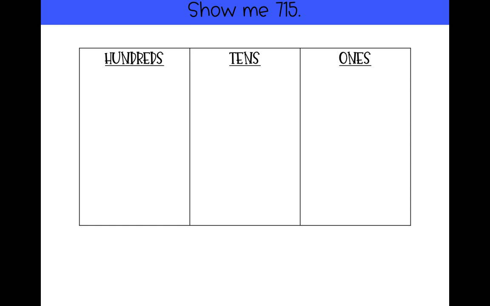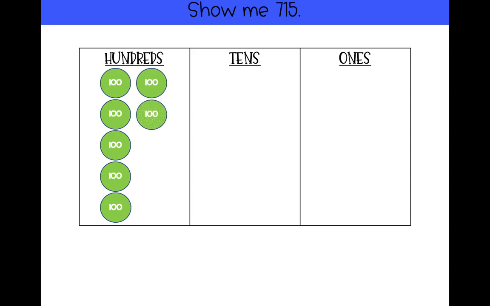Let's try another one. This time, show me 715. What kind of discs do we need to draw to show 715? Very good. We need 7 hundreds, 1 10, and 5 ones.